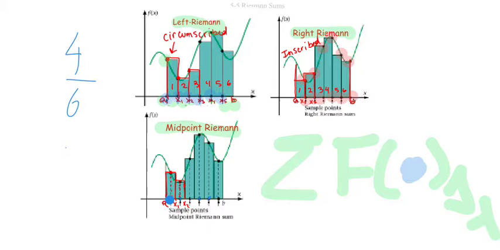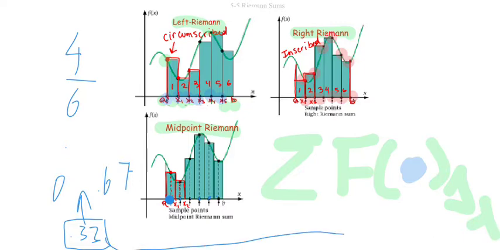So essentially you have 0 and then 0.67. You're not going to use either one. You're going to find out what's in between. So that's going to be, I don't know, 0.33. So it's the value in between the two that will go into that f.